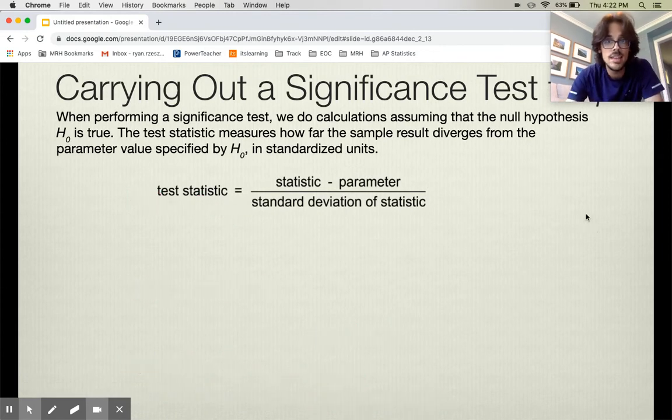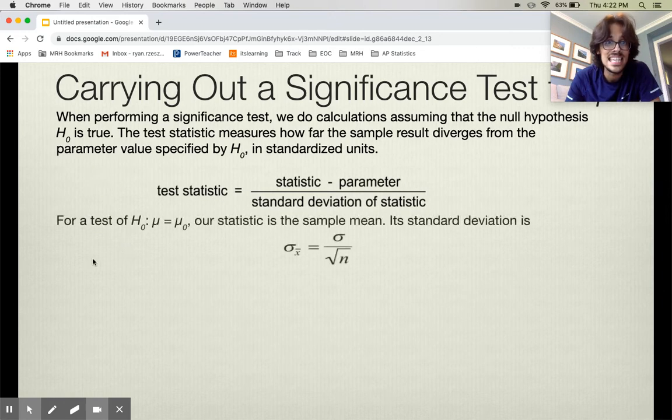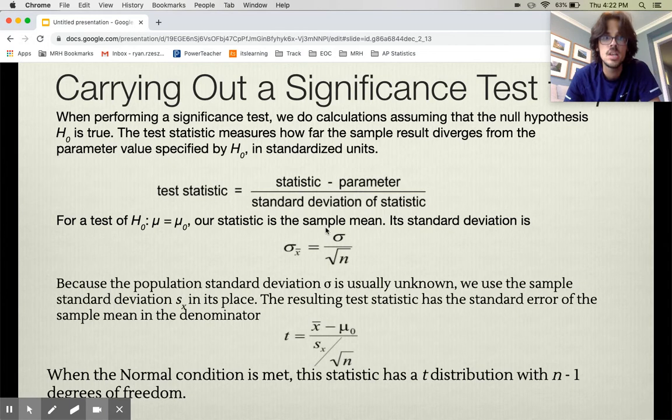There's going to be a test statistic that we calculate for mean problems, just like there was for the p problems we did last section. And if you guys remember, when we do mean problems with mu, we end up bringing in the t distribution. So when you're doing one of these problems, we would like to do sigma over square root n for our standard deviation.